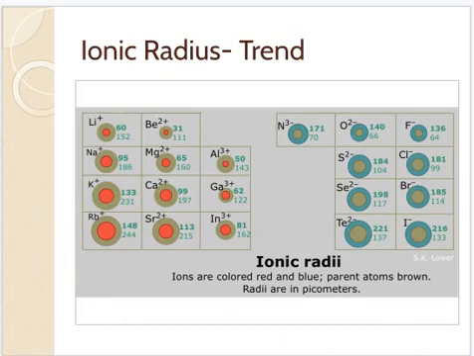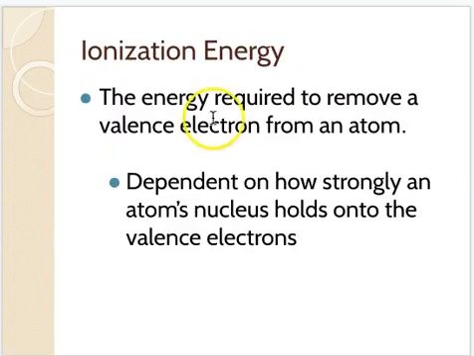Okay, we have a couple more to go. Our next trend is called ionization energy. The definition is the energy required to remove an electron from an atom. So I have to pull that electron away from the pull of the nucleus. We have to think how strong or how tight is that being held?